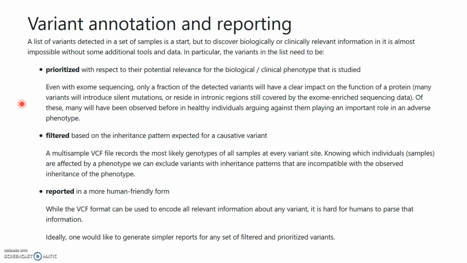In particular, we use variant annotation to prioritize that list of variants, because you can imagine that any number of sequencing reads or clinical samples will differ from our reference genome in millions of different places, and not all of those are relevant to the particular trait or disease we're interested in.